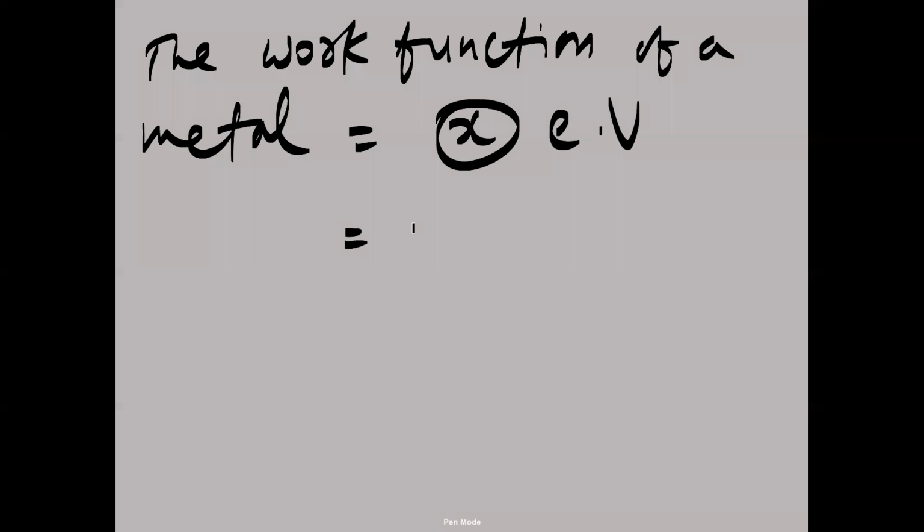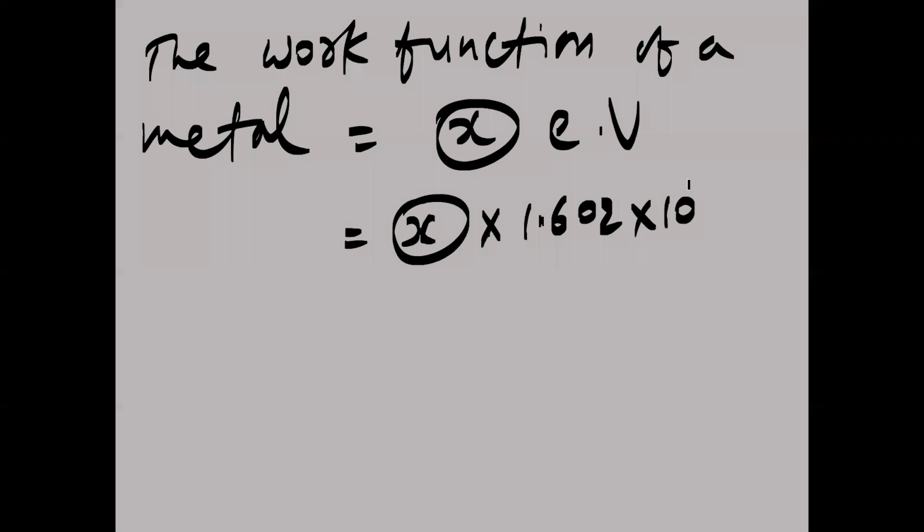Then we have to take x times electron volt, equal to how many joules? 1 electron volt is equal to 1.602 into 10 to the power of minus 19 joules. In this way we have to convert the given electron volt into joules.